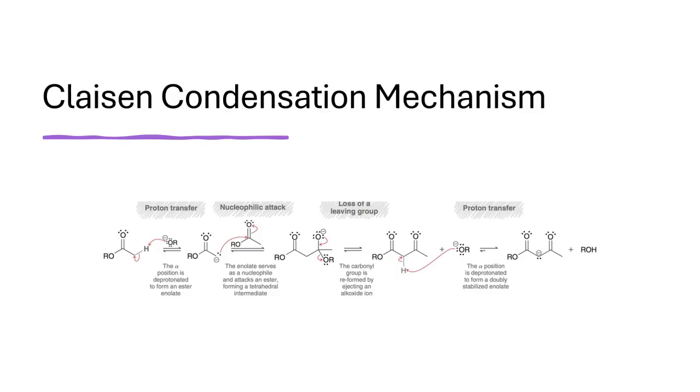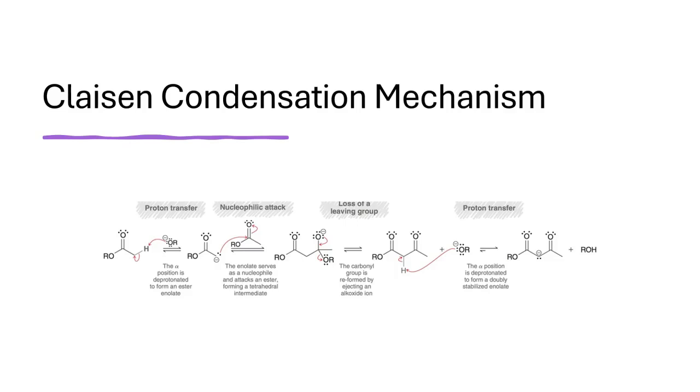Claisen condensation mechanism. In the first step, there is proton transfer. The alpha position is deprotonated to form an ester enolate. This is followed by nucleophilic attack. The enolate serves as a nucleophile and attacks an ester, forming a tetrahedral intermediate. The next step is loss of a leaving group.